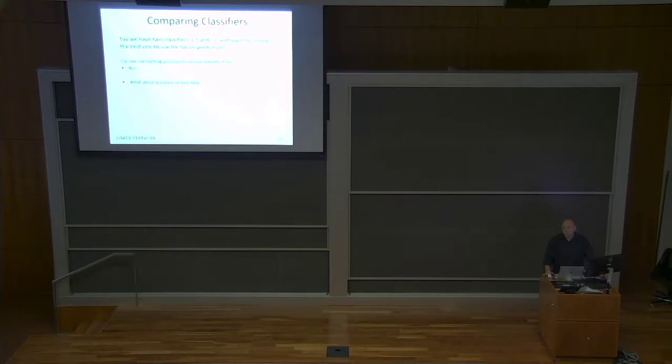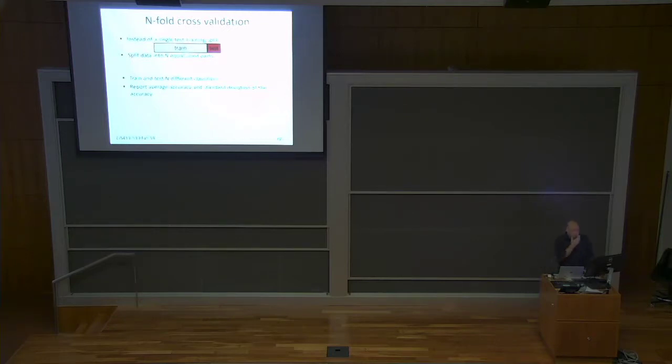The reason is that this single number may not give you what you want. There's more to say about it, but very quickly I'm going to address what you need to know in order to do homework one.